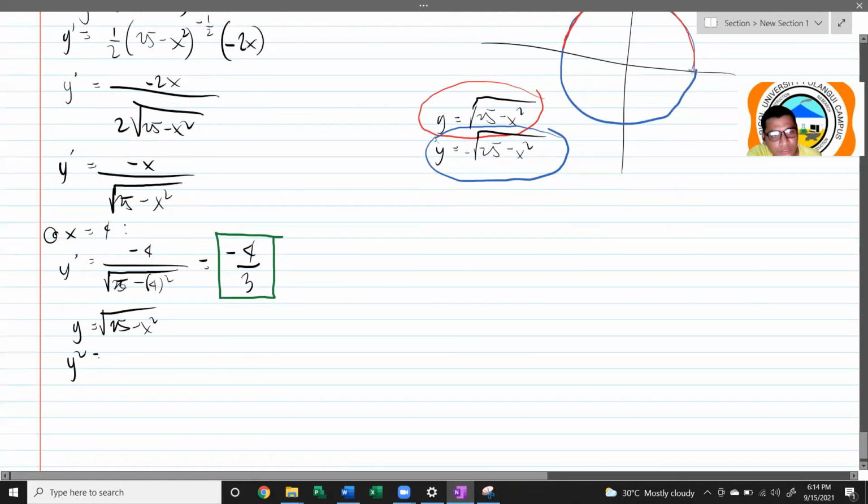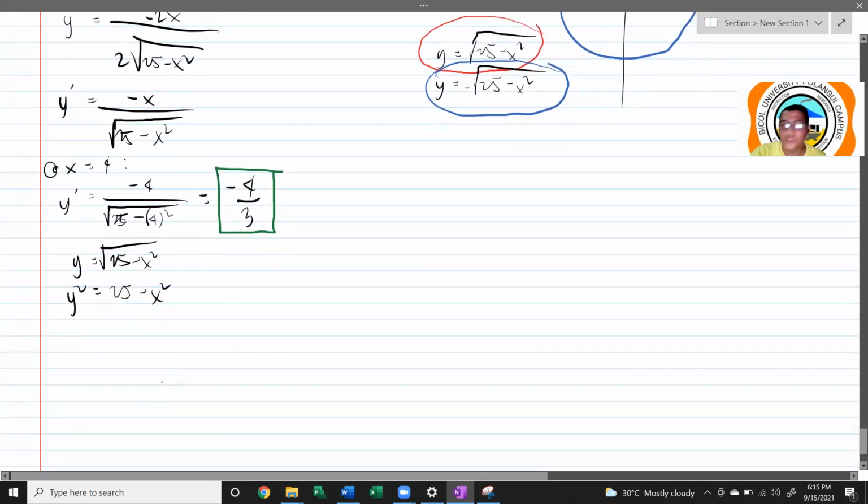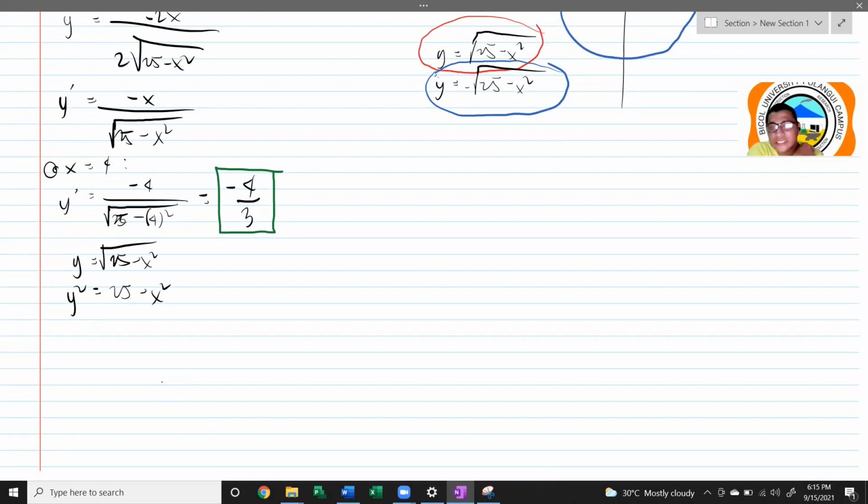We have y squared is equal to 25 minus x squared. Then perform the derivative. This is actually your next topic, the implicit function. But this is not implicit, since y can be explicitly expressed as a function of x.